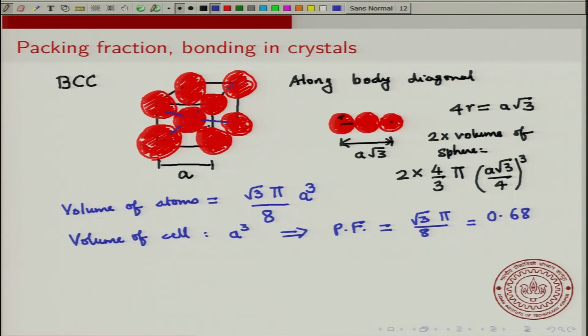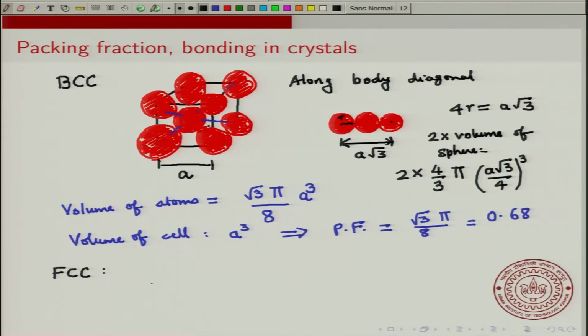Now, what about FCC? In the case of FCC, the atoms along the face diagonal will be touching each other, and there are 4 atoms.